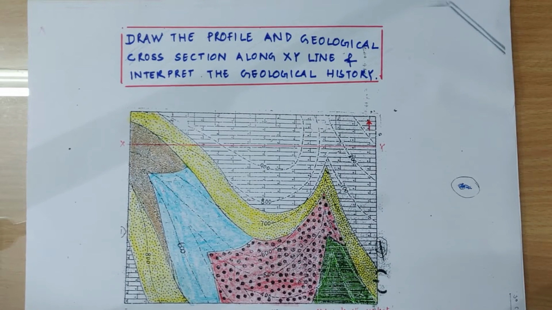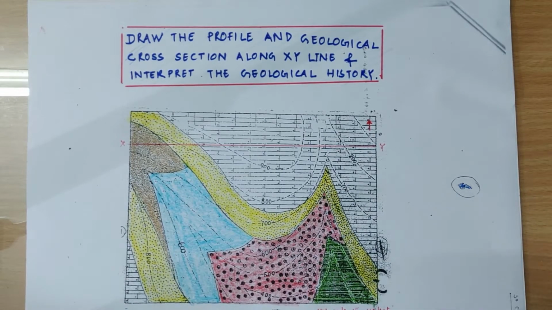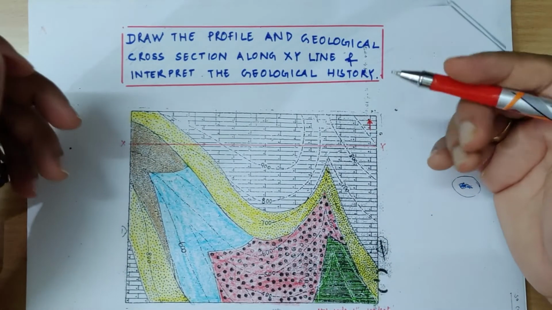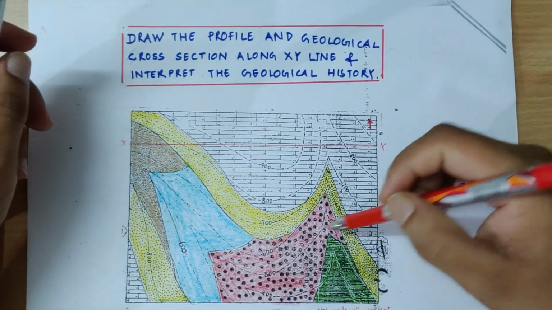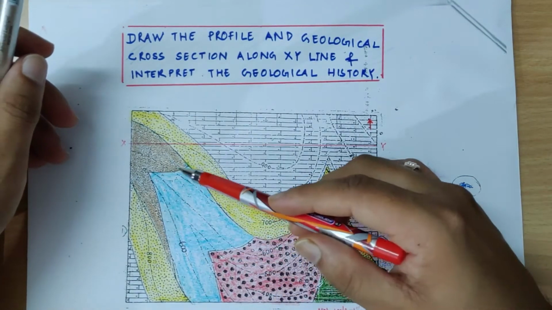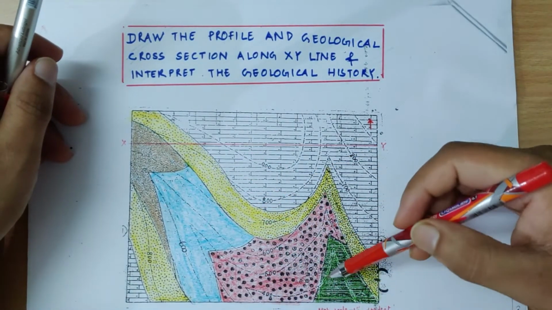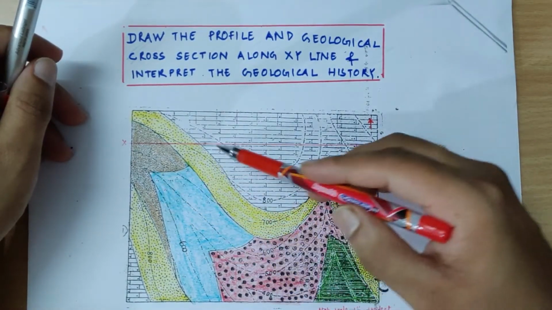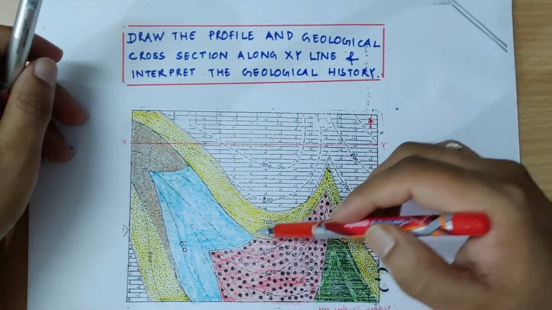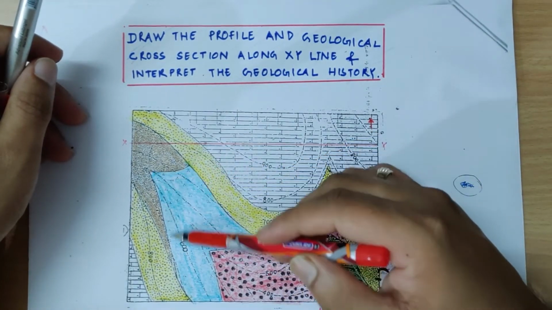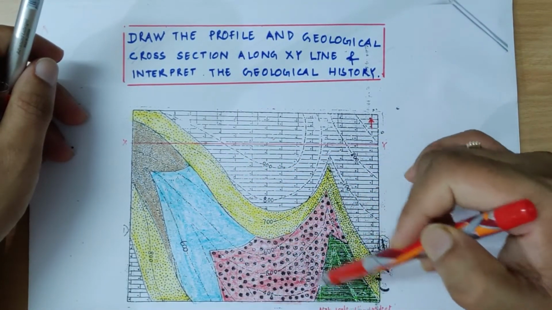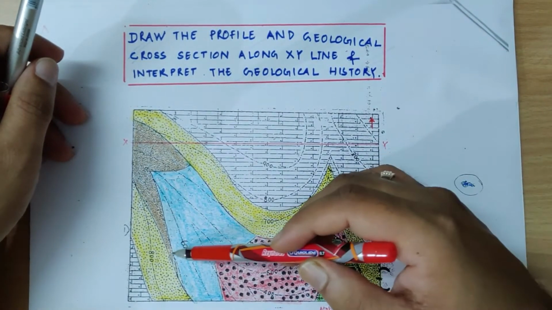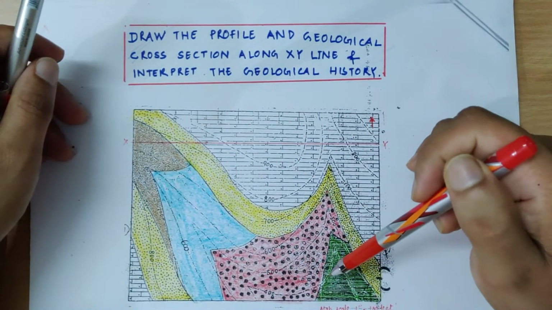The second point is what structures are present in the area. In order to know about the structures, we will have to see the pattern of the beds and the relationship of the beds with contours. So here we can see there are some traces of the beds. So 1, 2 and 3 traces are almost similar, and since they enclose different lithology, they are of different widths.